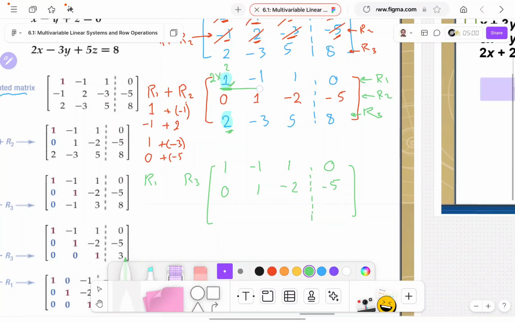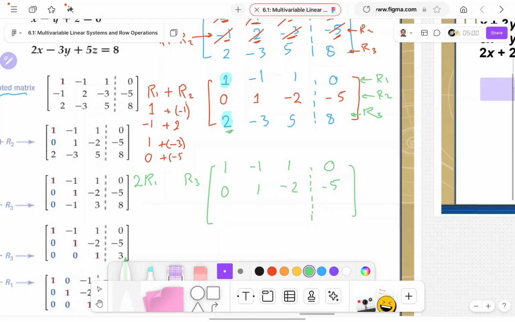You must multiply the whole row. So all of this row should be multiplied by 2. So the whole of row 1 will be multiplied by 2.